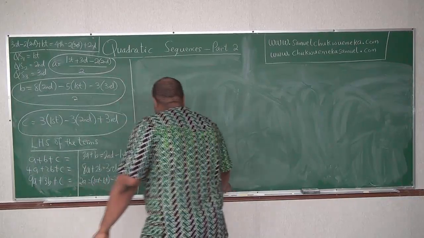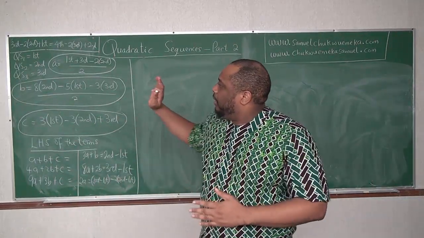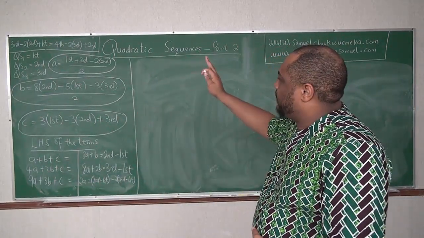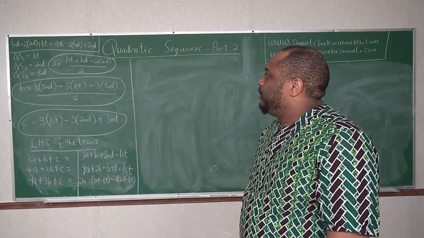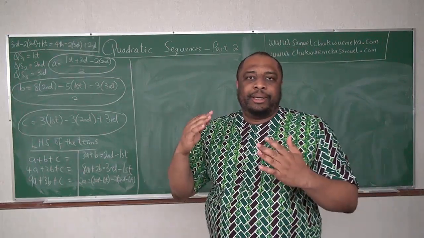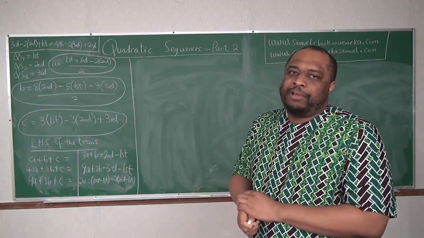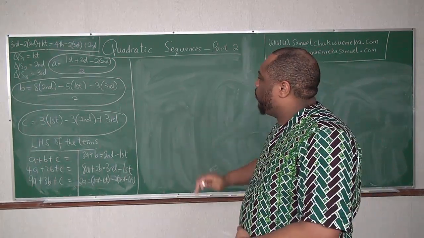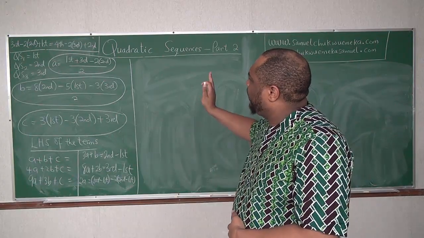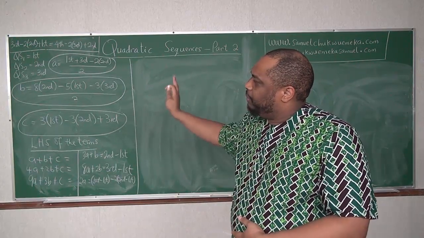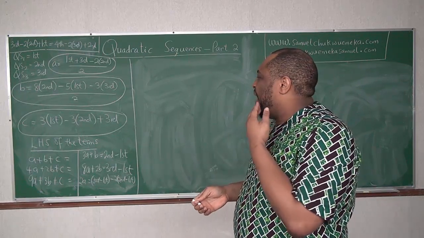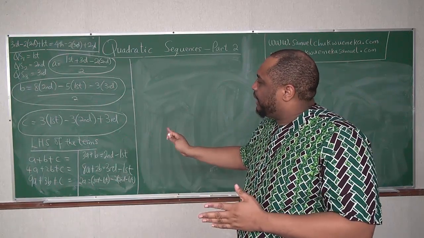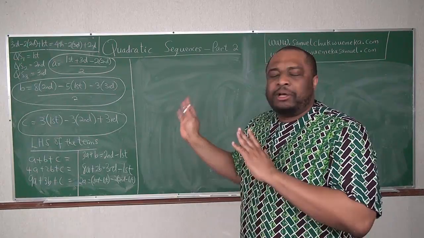So in part 1, we derived these formulas, and we also wrote the nth term of a quadratic sequence. We wrote out these formulas so that it will be easier for us when we are solving questions.